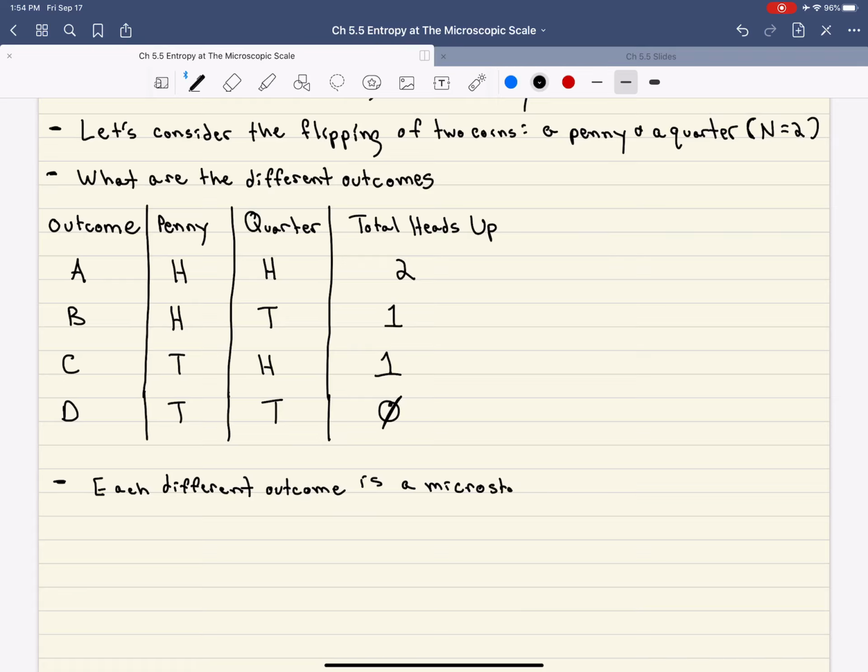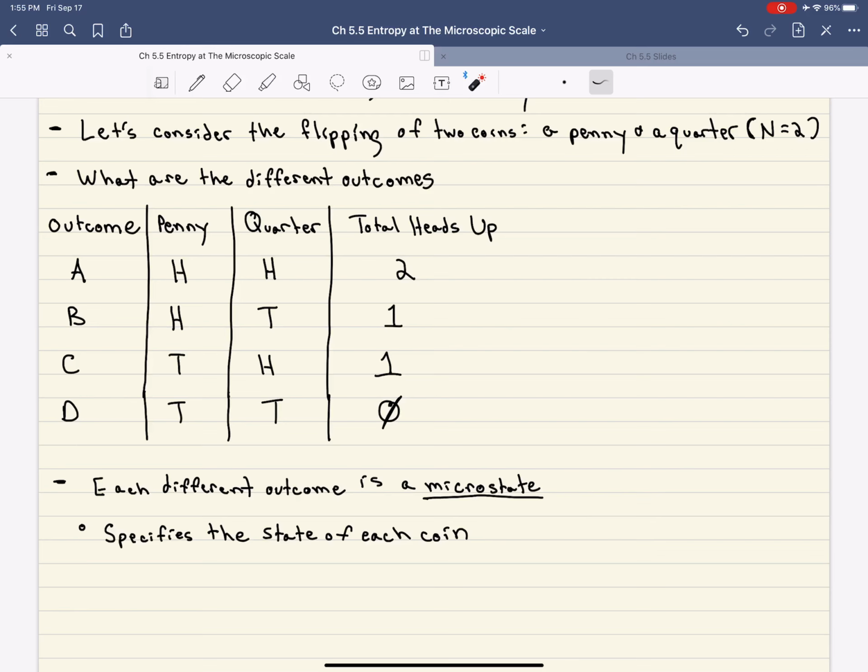Okay? Alright, and so in this context, the microstate specifies the state of each coin. Right? So it gives us precise information about the quality of each coin.